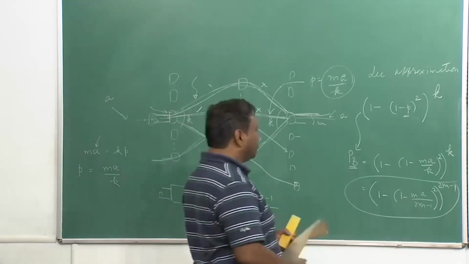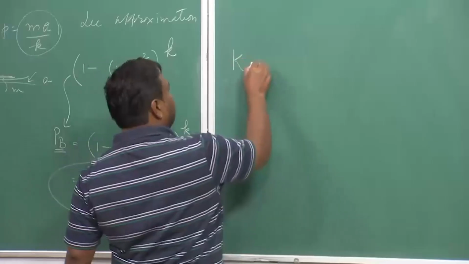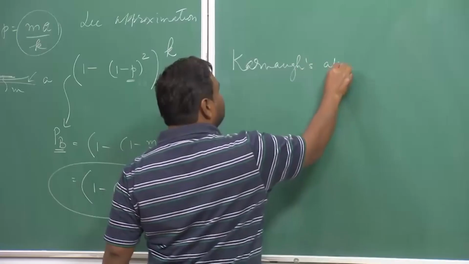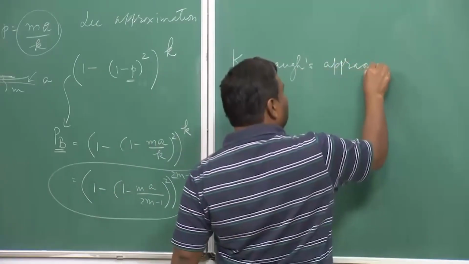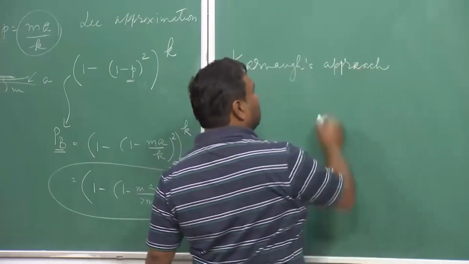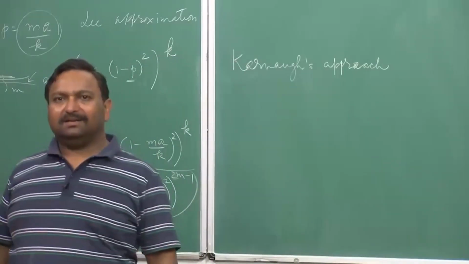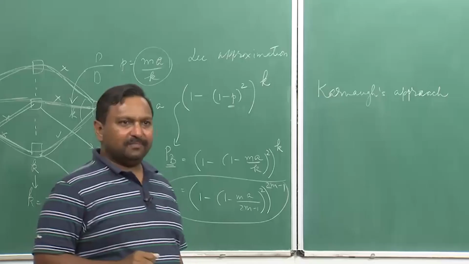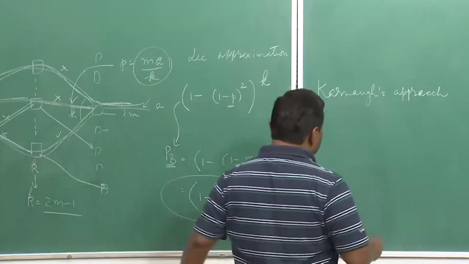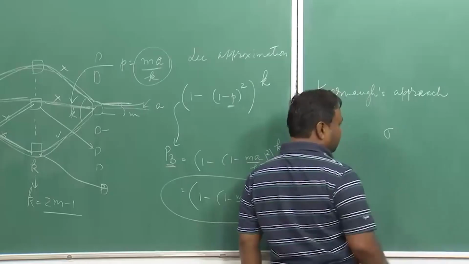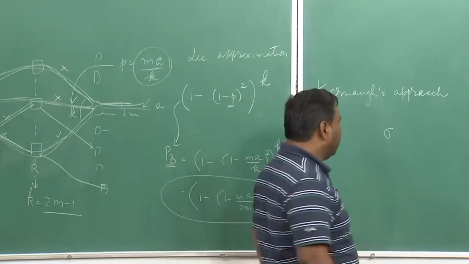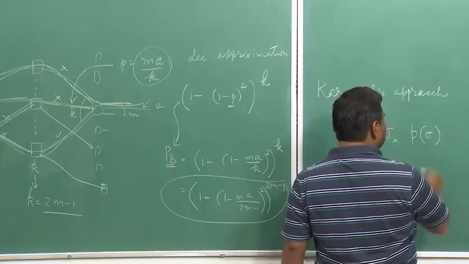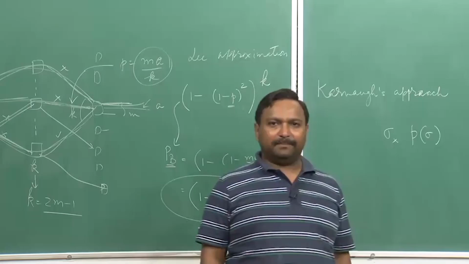The modified approach was given by Karnaugh. There is Karnaugh's approach which will give you a more exact blocking probability, but this blocking probability will be the call loss probability. You will represent the switch by some state sigma, and then there is a call arrival probability because of sigma.